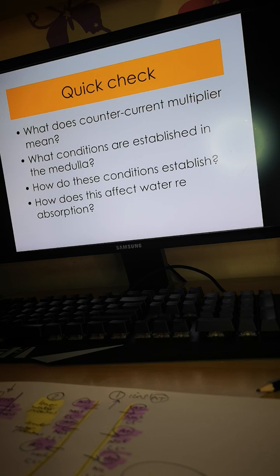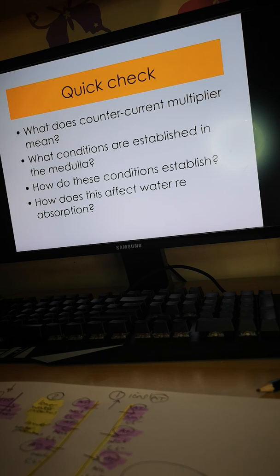Okay, so you should be back with me. So the countercurrent multiplier, if I was asked that in an exam, what is it? It's the flow of the filtrate down the descending limb and up the ascending limb, and then I will give the features of the limbs. So I'd say that the descending limb is permeable to water but not ions.